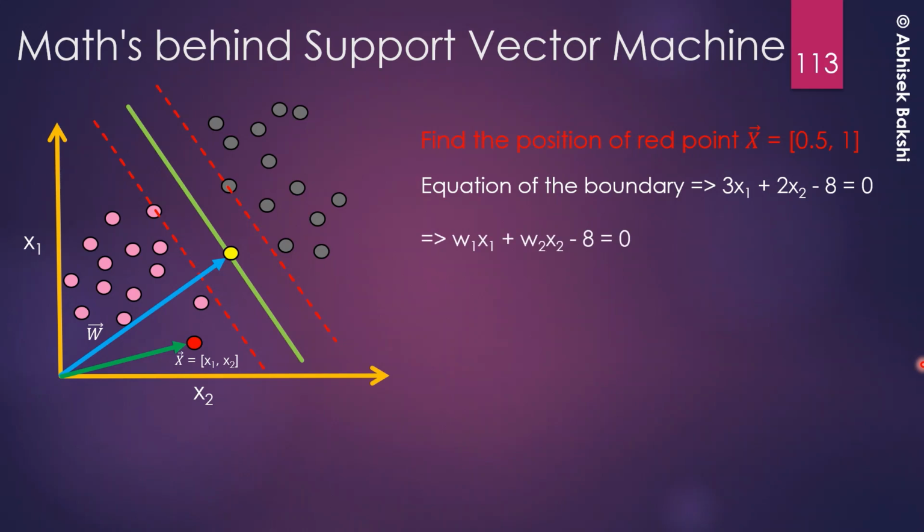So I have a simple equation. It's like w1 x1 plus w2 x2 plus w0 equal to 0, where w0 is equal to minus 8 here, right? So I hope you can easily understand that the capital W will be equal to this one and capital X will be this one, and this b equals minus 8, as I just mentioned. Now if you want to apply the dot product between the w and x vectors, it means actually a multiplication between w transpose and x, as simple as that.